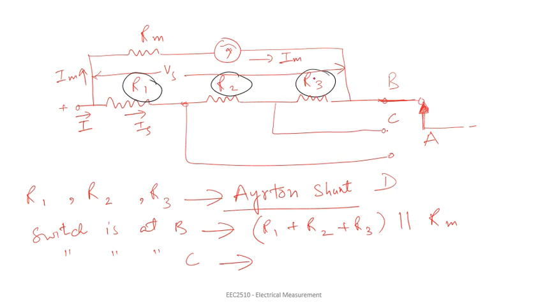Let me show it with dashed lines. If the switch is connected to this point, then R3 will be in series with Rm, and R1 plus R2 will be in parallel with the combination of R3 plus Rm, isn't it?